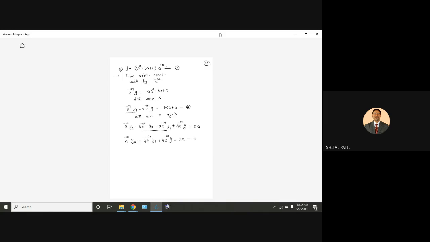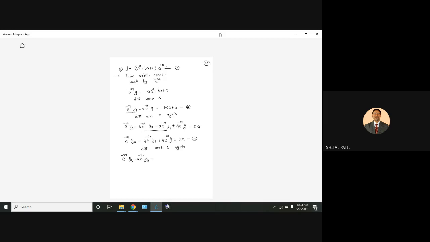This was equation number 3. Now differentiating with respect to x again. e raised to minus 2x as it is, derivative of y2 is y3, minus 2 e raised to minus 2x y2 as it is.